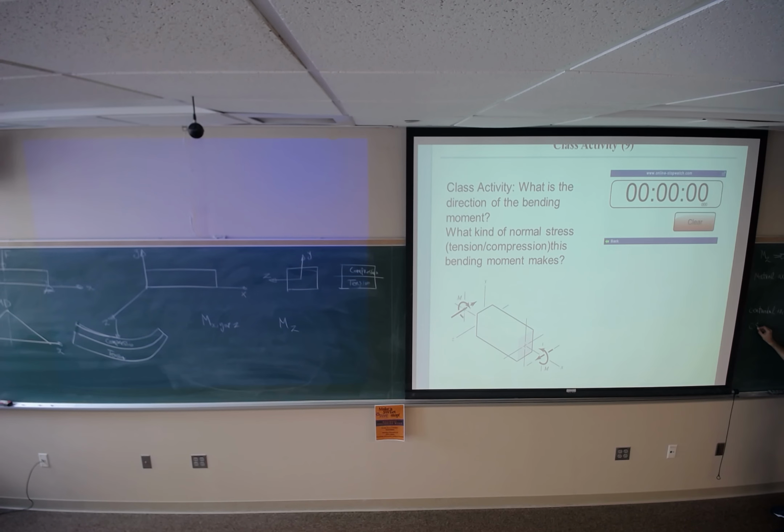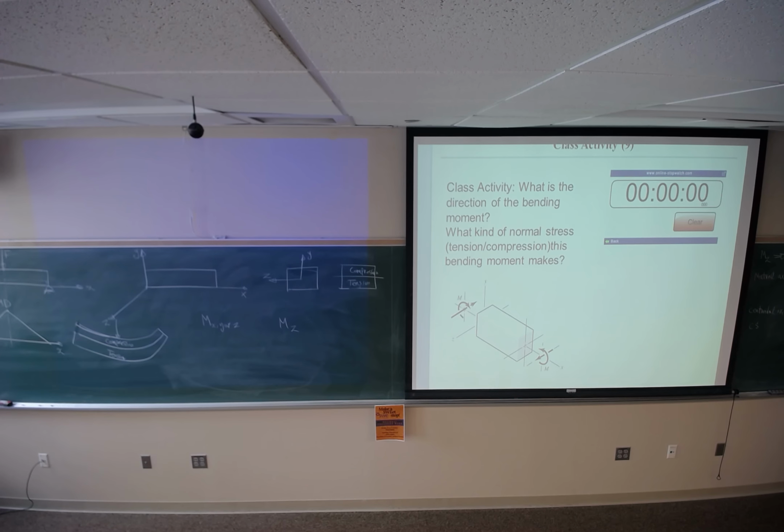If you find the centroidal axis of the cross section, you can find the location of the neutral axis. The neutral axis here, whatever is the axis of normal stress, is going to be that axis. So axis X should be located at the centroidal axis of the cross section. For this rectangle, it's going to be at the middle. So axis X, which is the neutral axis, is coming out of the plane at this position.